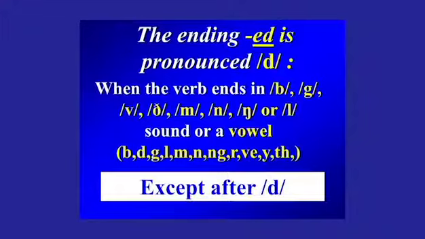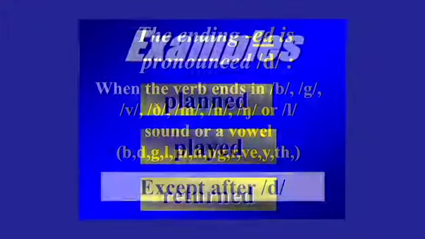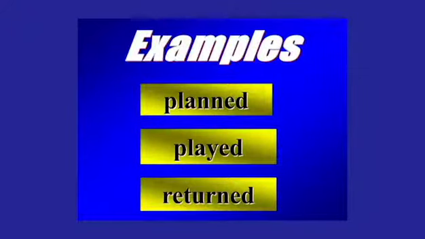You will see afterwards how you pronounce it when it is after D. And here we have some examples. Planned, played, returned. Do you need to copy? Okay, please. Take some seconds to copy the examples, and then I will give you some seconds to copy the explanation.